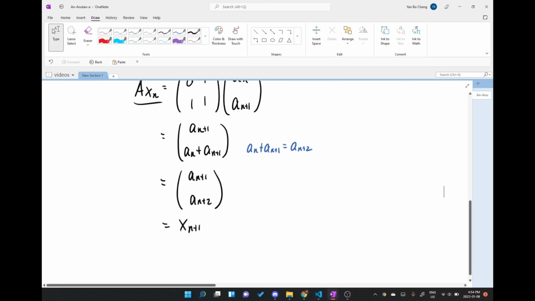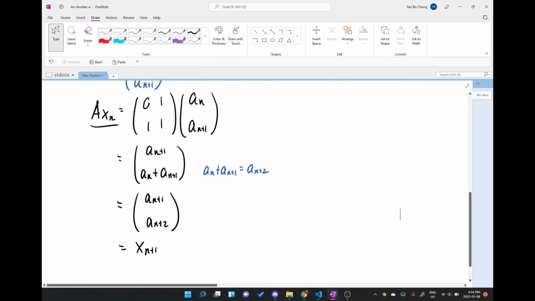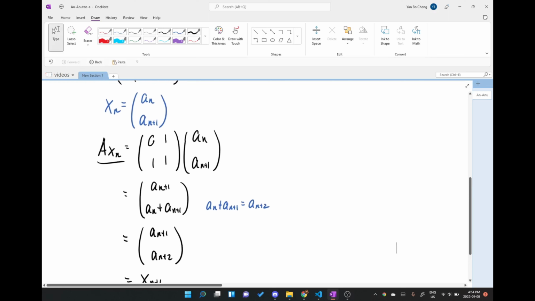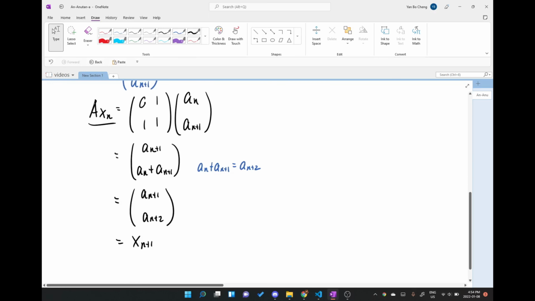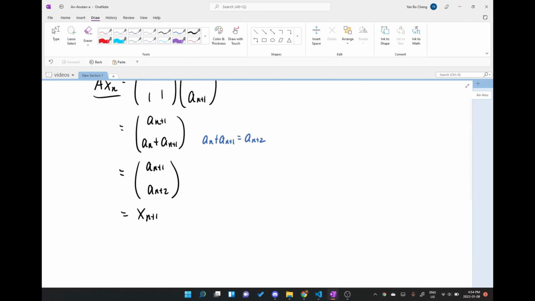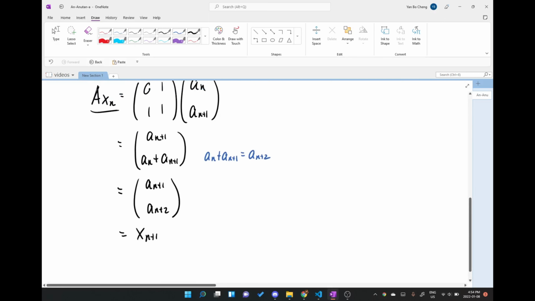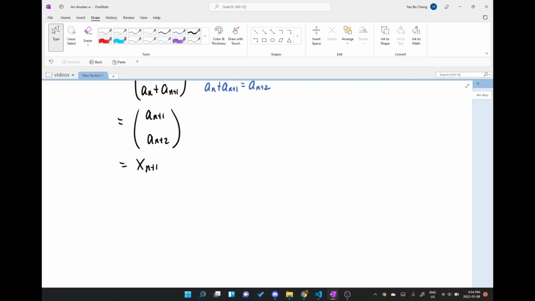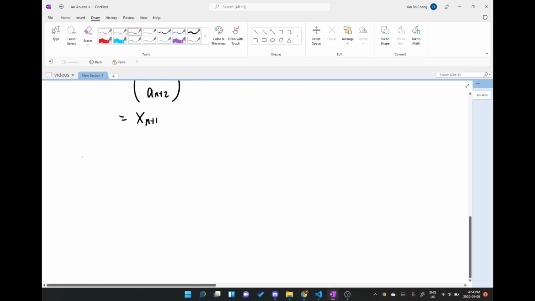Okay, so now that we have this, what do we want to know about the closed form? Well, since we have a 2 by 2 matrix, we can try to diagonalize this matrix. So what we do is first find the eigenvalues of the 2 by 2 matrix A. To do that, we need to consider A minus lambda I, and we want to find the characteristic polynomial, which will give us all of the eigenvalues.